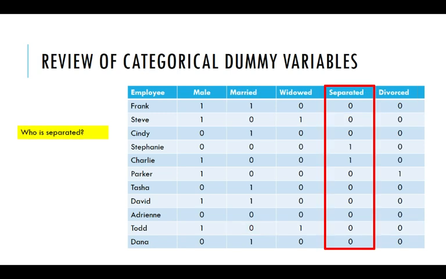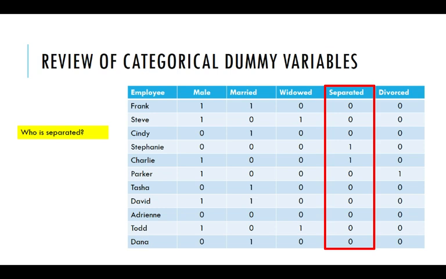So then from this information, can we read this complete data set correctly? Who is separated here in our data set? Well, let's look at the column for separated, which I have outlined for you. Do you agree that Stephanie and Charlie are separated? And I don't need to know anything other than being able to read this format, right?